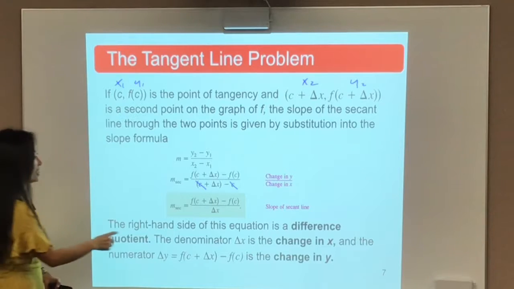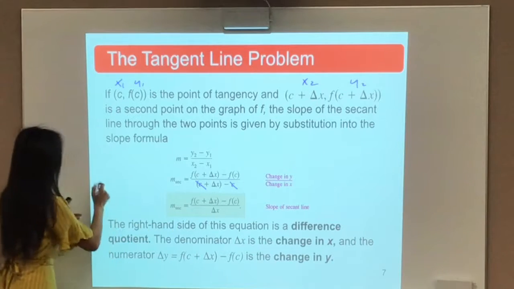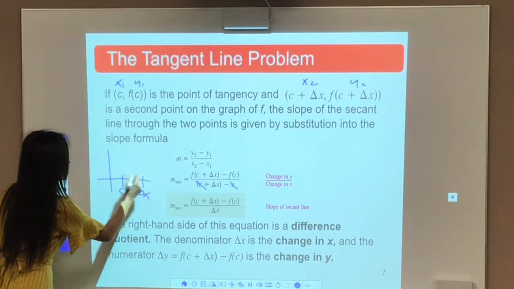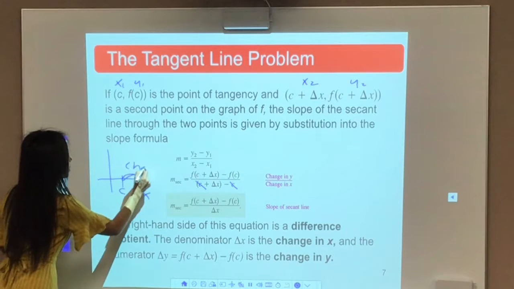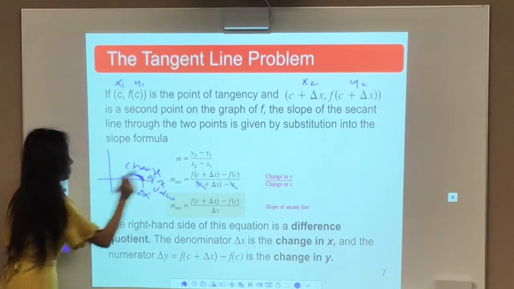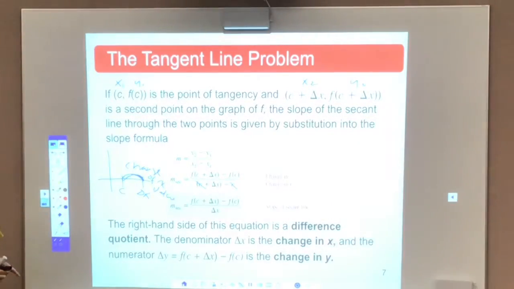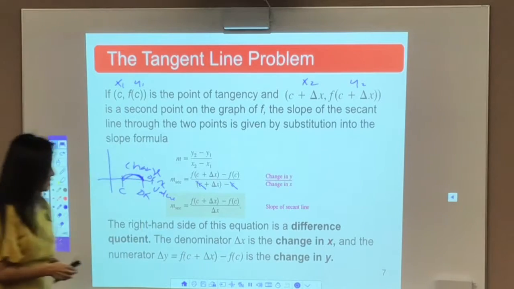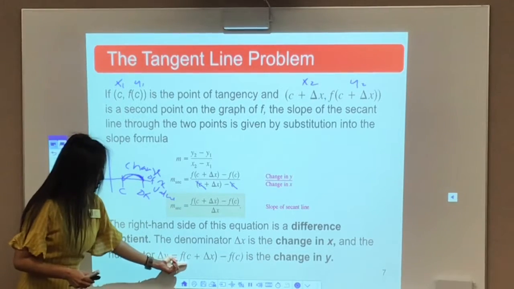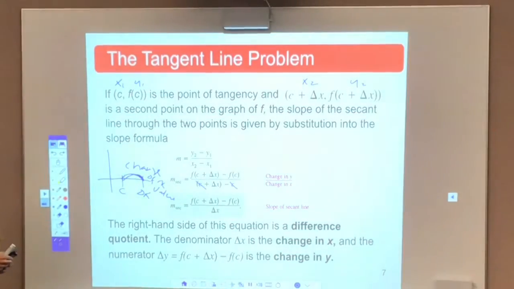And delta x is what? Change. So if this was C and this is delta x, this much is your change, isn't it? Change of x value. Is everybody with me? That's what that means. So that's why it's called change in x. And the numerator, delta y, is this, or the difference.